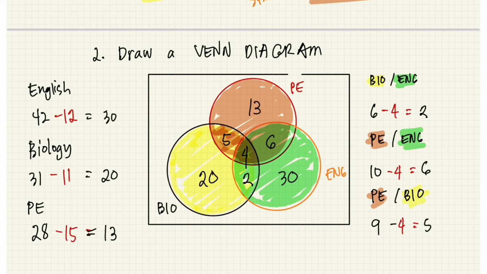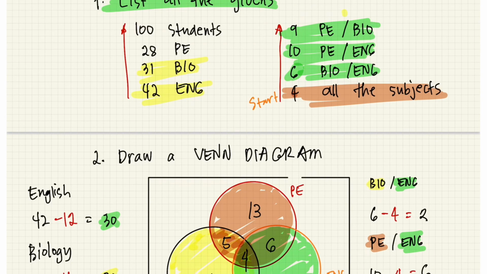Alright guys, remember this one for English, for biology, and for PE. The red one here is what we are looking at, the intersection. Now our Venn diagram is almost complete, but we have to remember the last given that we did not use, which is the number of students.